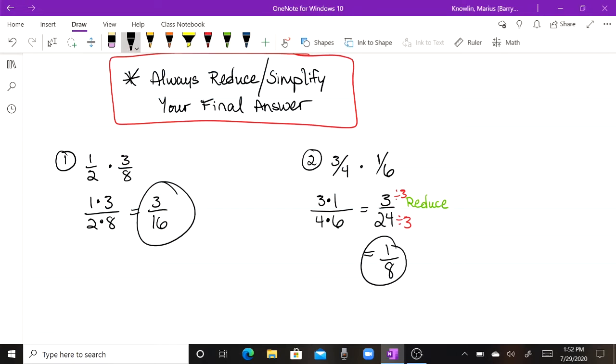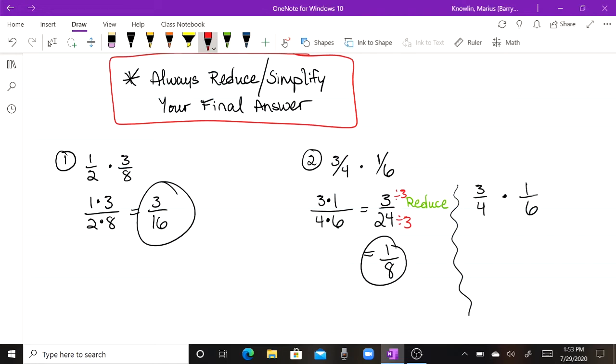Okay? Now, an alternate way of doing this is, let's go ahead and start back with our fractions. 3/4 times 1/6. One of the rules in math is, if I have a numerator and a denominator that I know share a common factor, I can go ahead and simplify before I multiply.